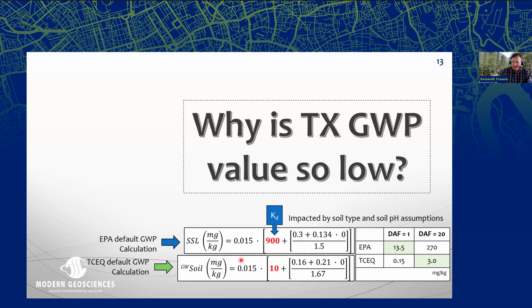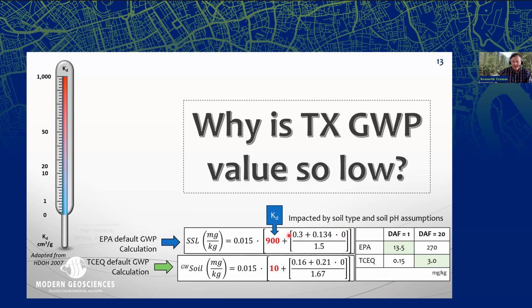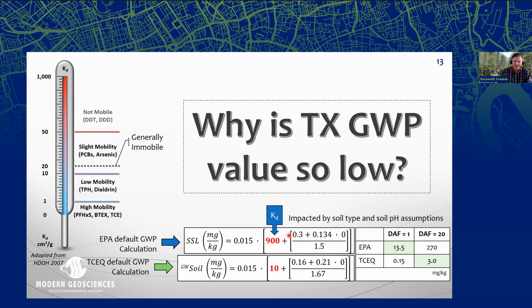As you look at the KD value for lead, sometimes it's helpful to give you things that are in context, right? So you're not very mobile once you get to a higher number of 50 or more centimeters cubed per gram. But you'll be familiar with things. Here's one of my PFAS friends that we chase often, but BTEX, TCE, things that commonly in the soil we would anticipate would be highly mobile, and we should check groundwater.